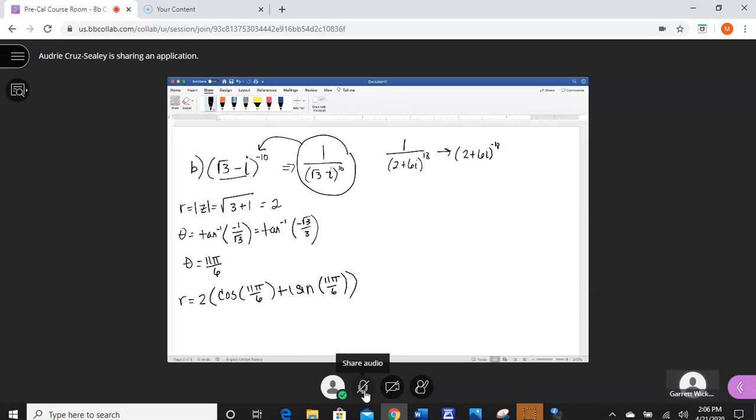Okay. So now what we're going to do is we're going to raise this complex number to the negative 10th power, which means that you're also going to raise the r to the negative 10th power.